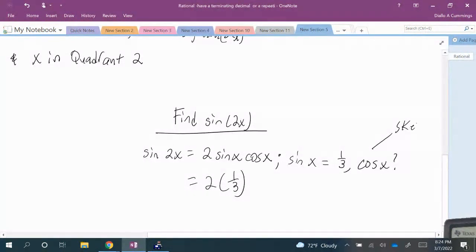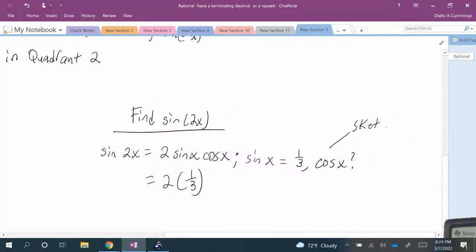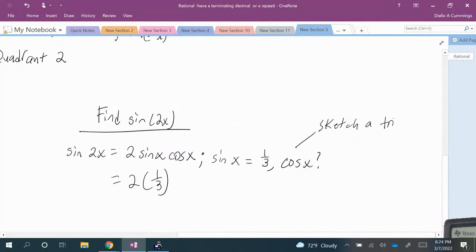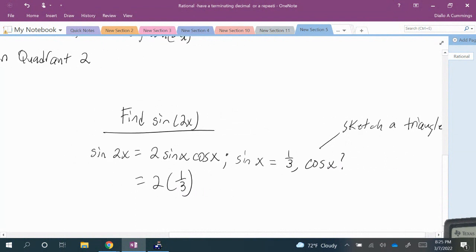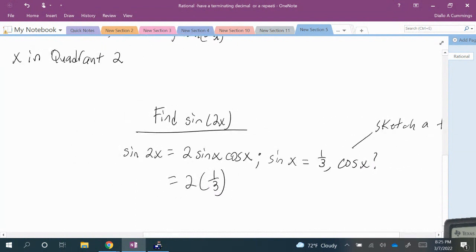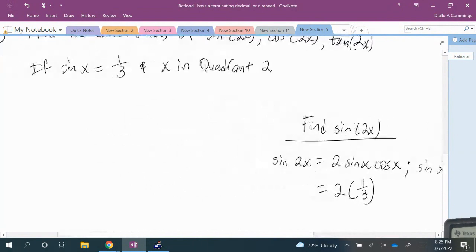So we're going to have to sketch a triangle. I think there's a simpler way to do the problem.